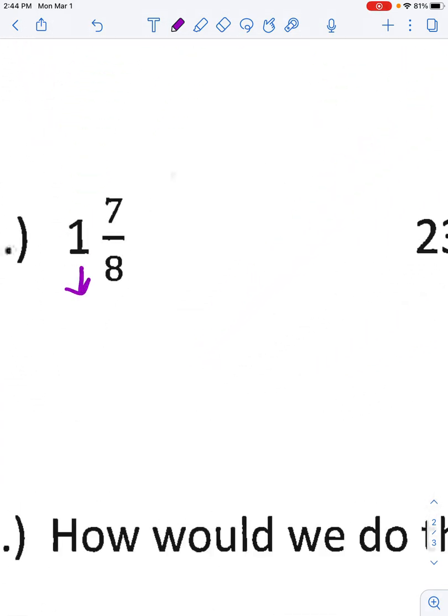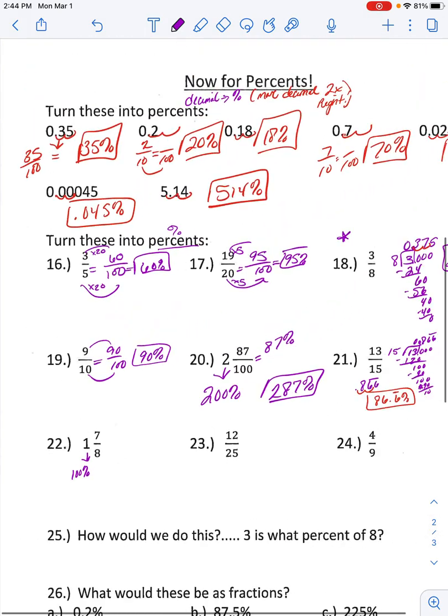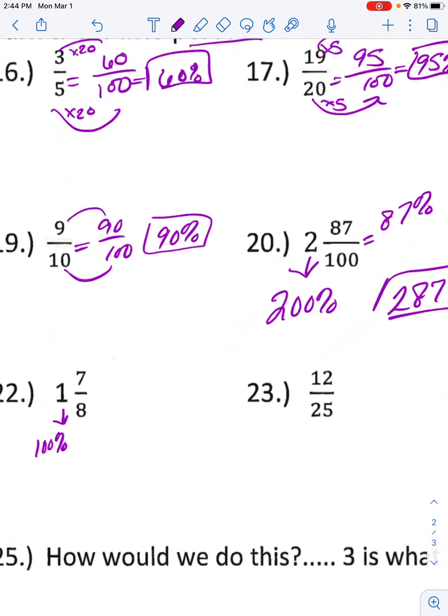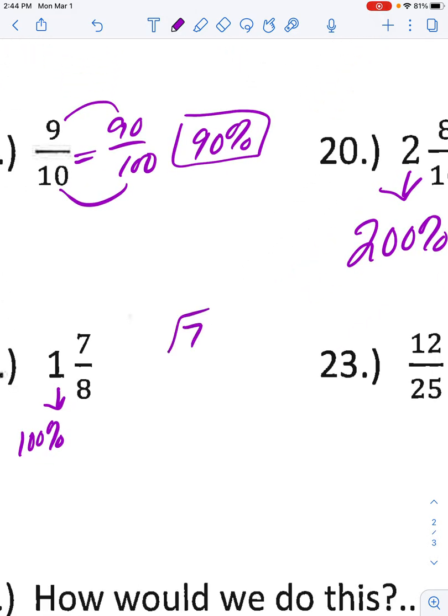1 7/8, one whole is 100%. Have we already done 7/8? I feel like we have. Maybe we haven't. 7/8.